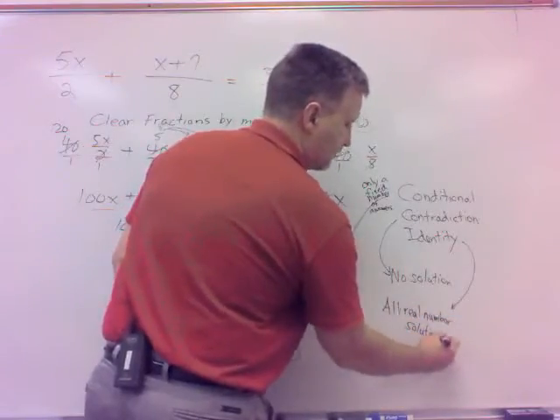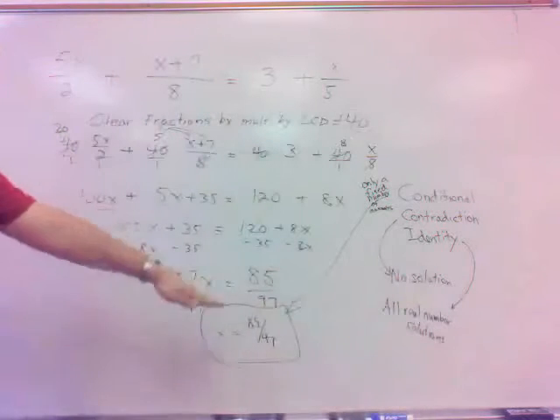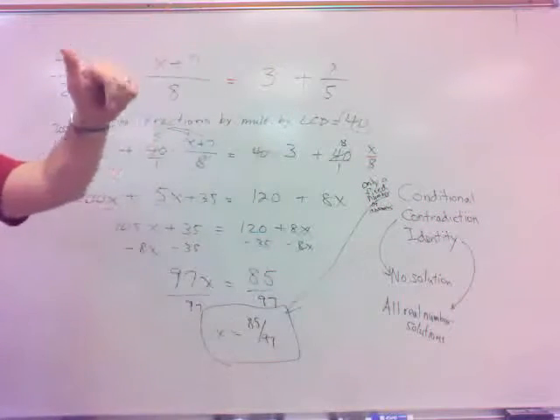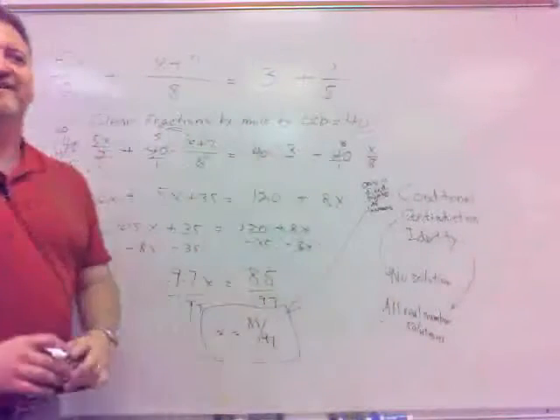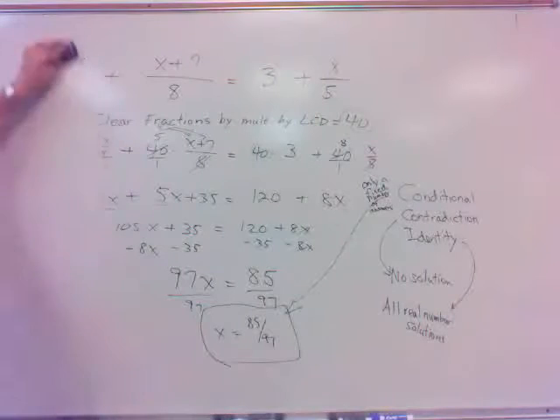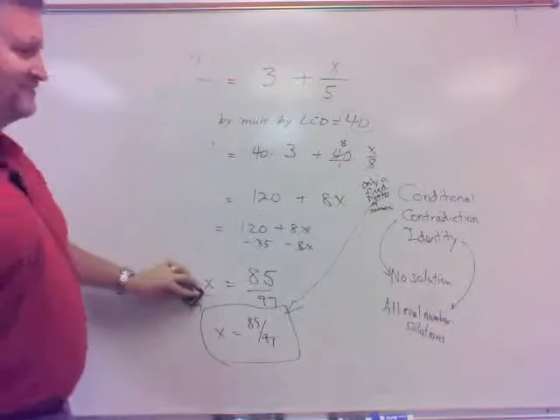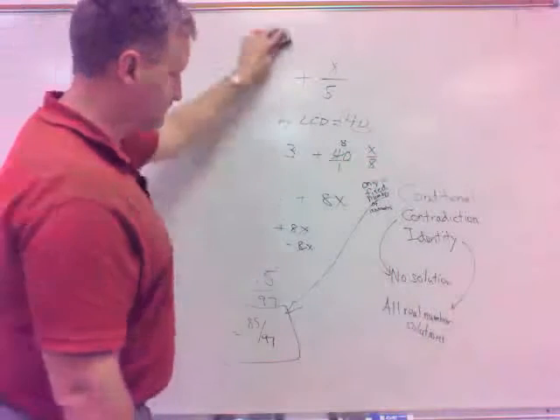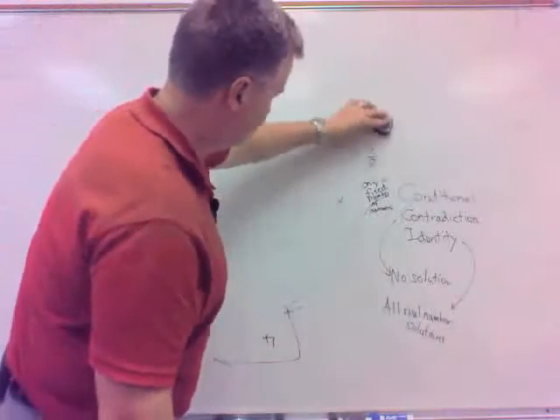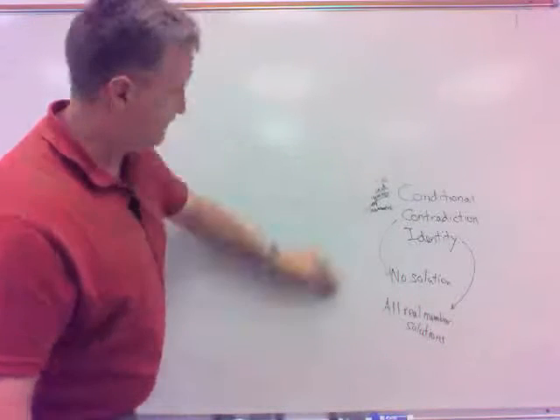Now, what's the difference amongst those two? If I get x equals a number, that's certainly conditional. How do I recognize a contradiction? How do I see if it's an identity? Well, on a contradiction, basically you get a contradiction, don't you? In an identity, you get the opposite of that.